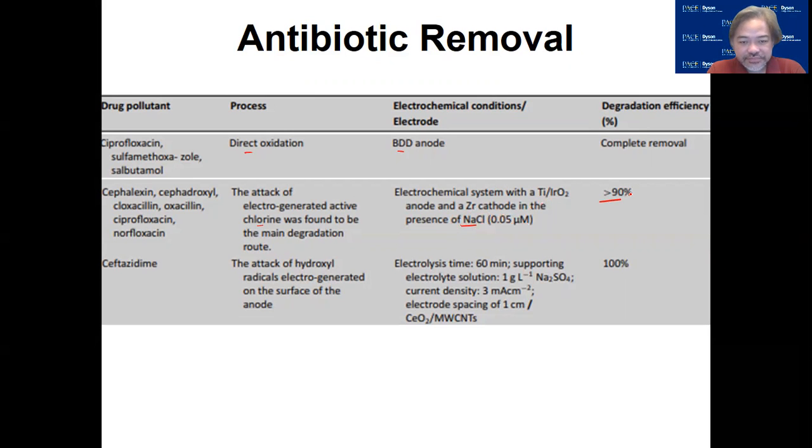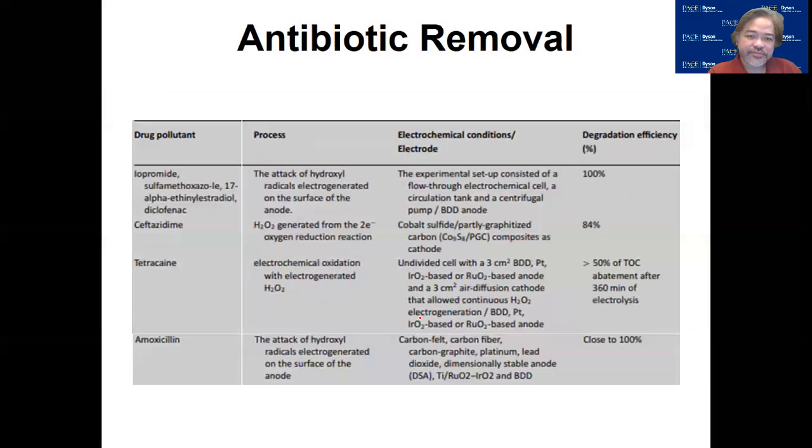Another antibiotic was also removed, through the attack of hydroxyl radicals electrogenerated on the surface of the anode. These are the conditions that they have. They used cerium oxide and a multi-wall carbon nanotube. It's 100% degradation.